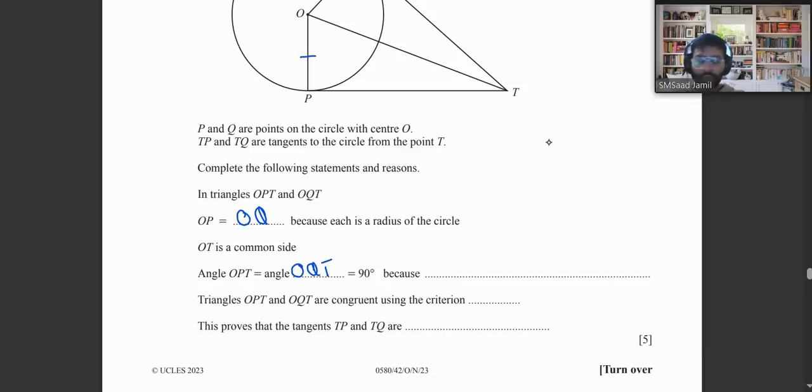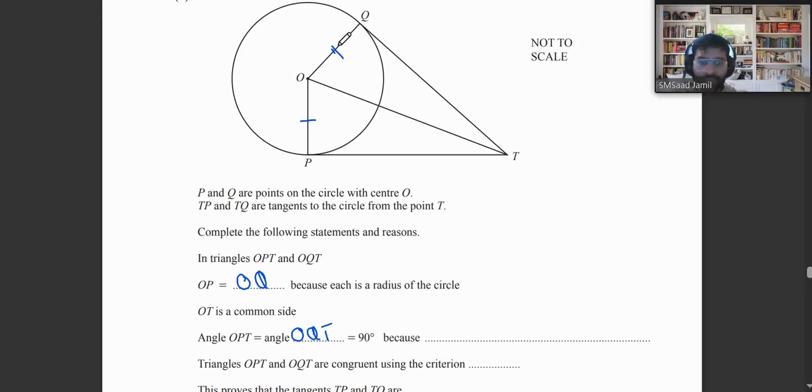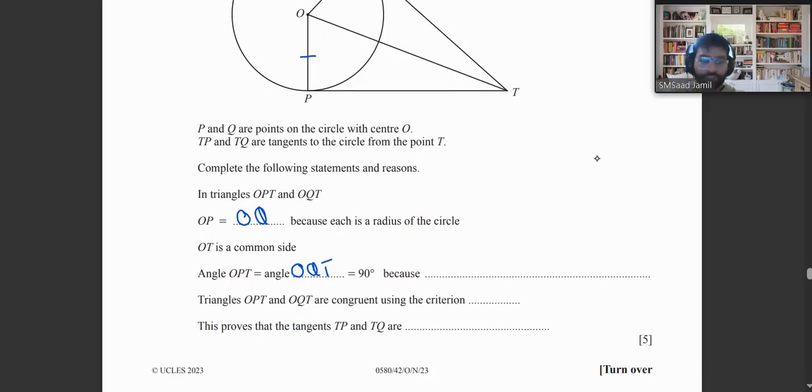Now why is it equal to this angle? Because it is the angle between a radius and a tangent.